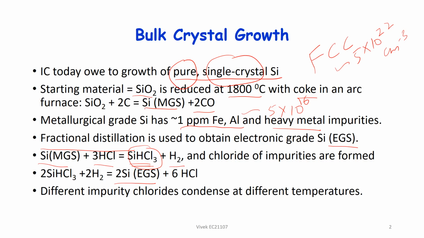Now electronic grade silicon has around 1 part per billion, so the impurity will be around 5 x 10^(22-9), that is around 10^13. This is the typical impurity of electronic grade silicon.